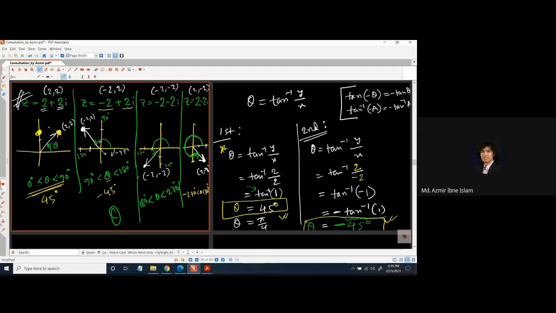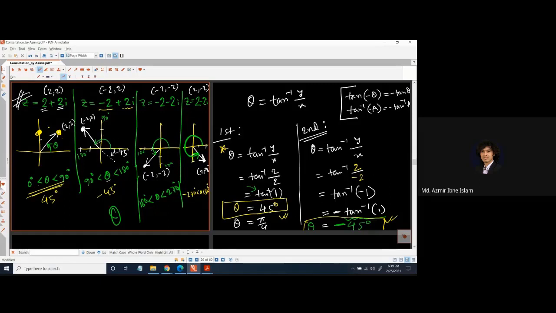That means if we extend the line in backward direction, then we are getting negative 45 degree. So our angle is this one. That means the total angle is 180 degree.